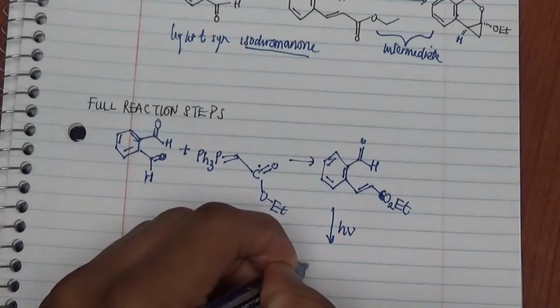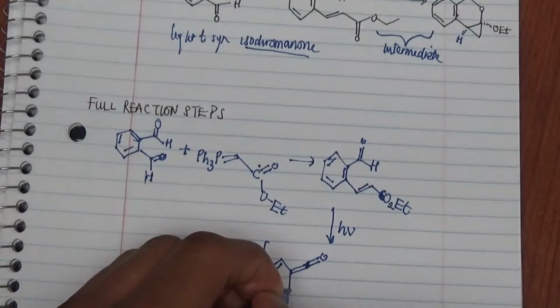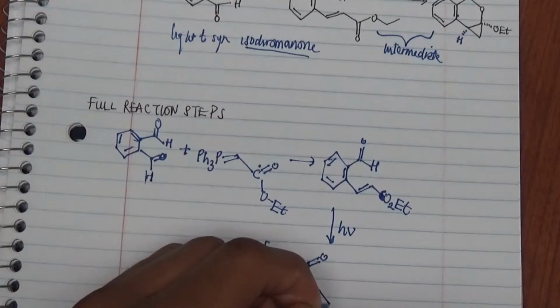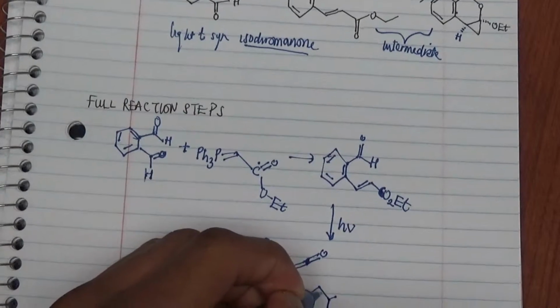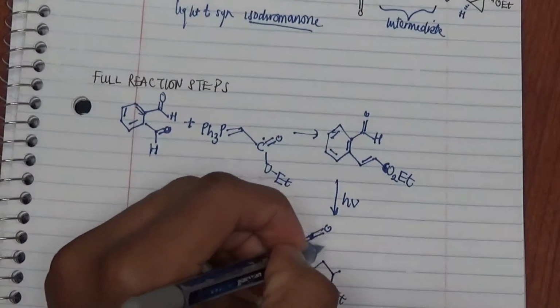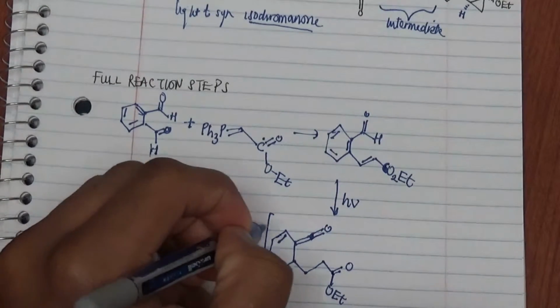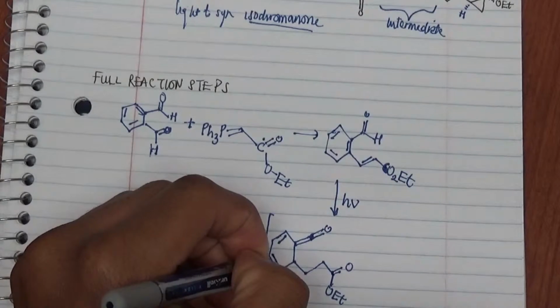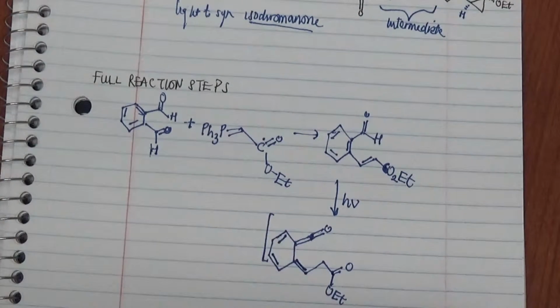We form a double bond over here with an oxygen, and then CO2Et with a double bond over here, and this with a double bond over there.